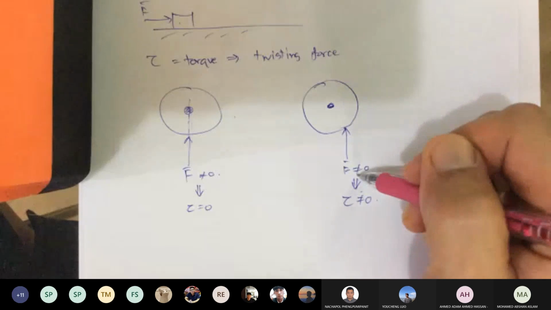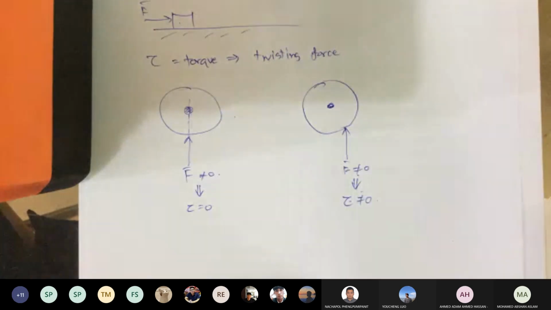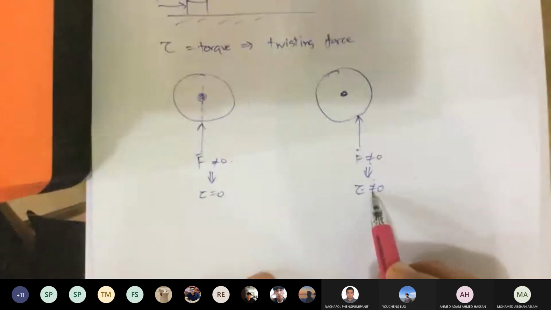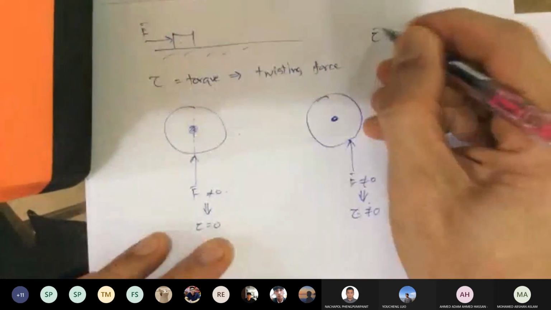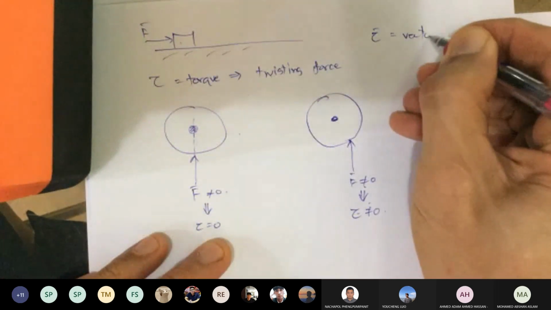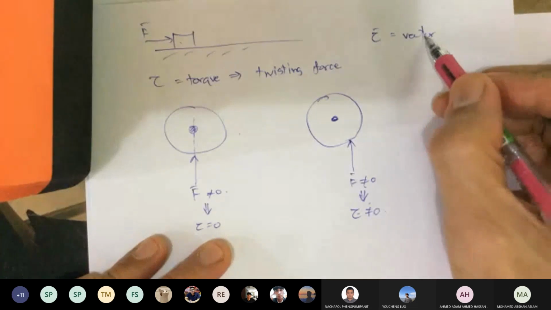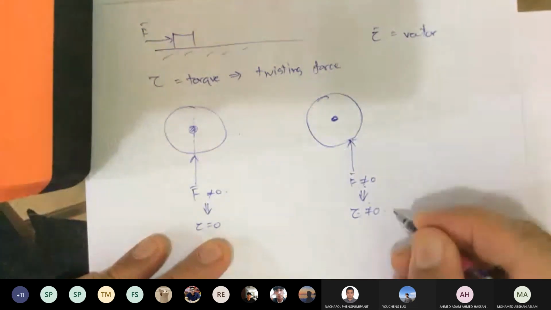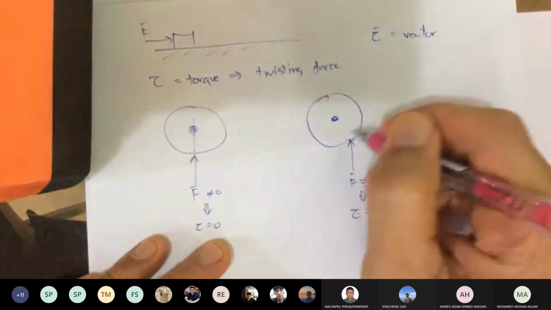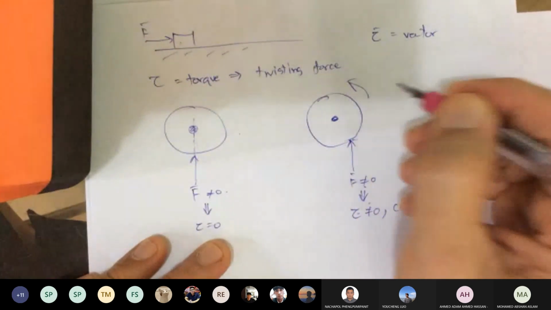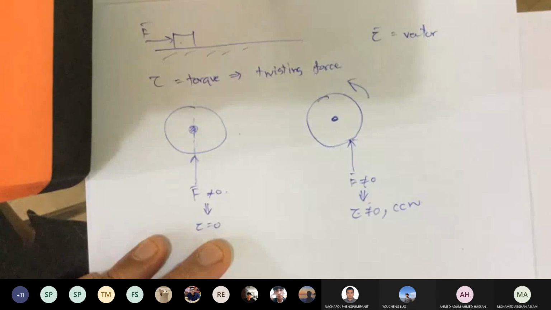Here your torque has non-zero magnitude. Remember, torque is a vector quantity, so it needs a direction. In this case it's CCW, because your object would spin that way.